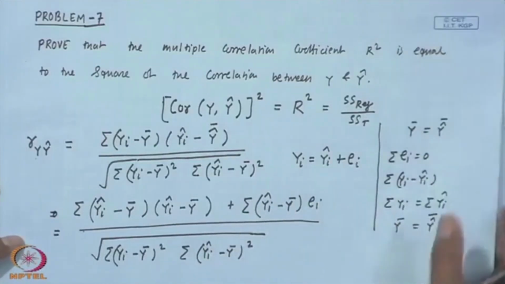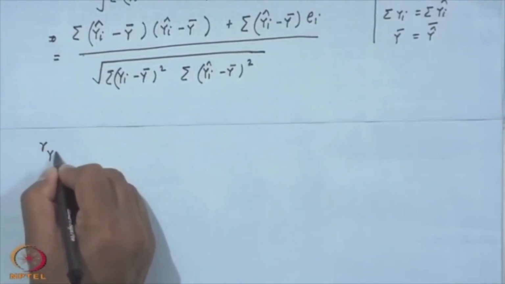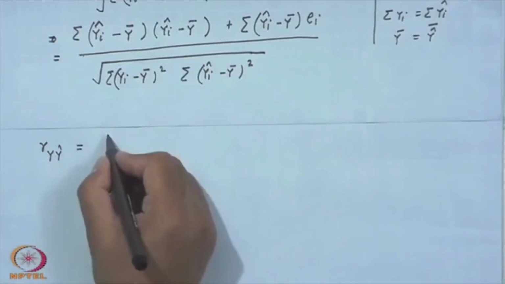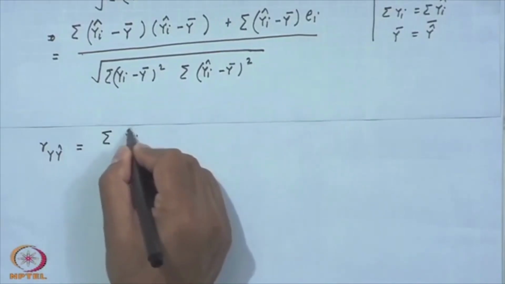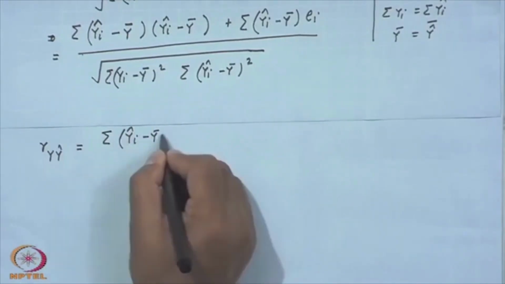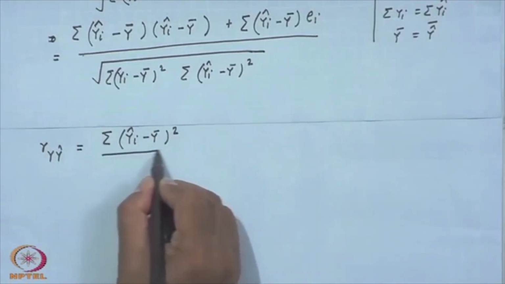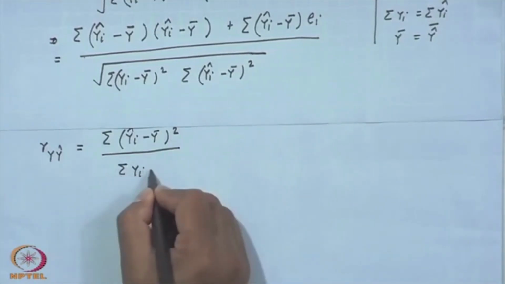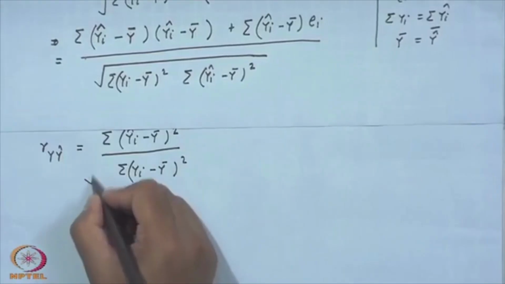So, what we are left with is that the correlation R y y hat is equal to sum (y_i hat minus y bar) square by this. Okay. So, I can write this one as summation (y_i minus y bar) square, and the square root of the whole thing.